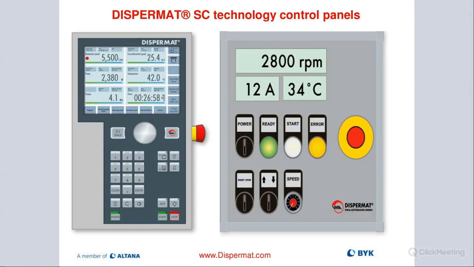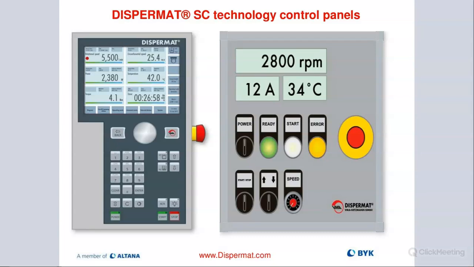Okay, then we have just some quick overview over the different control panels. So here on the left, you see our C controller, which is what you have on the AE units. On the CV units, it's very similar, as well as on the new CN.